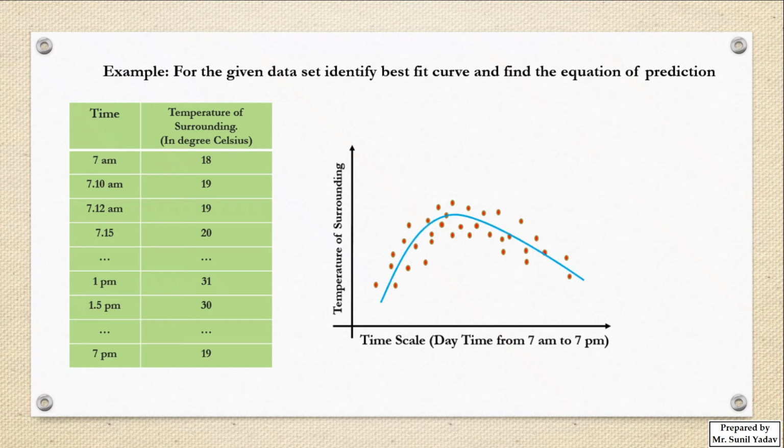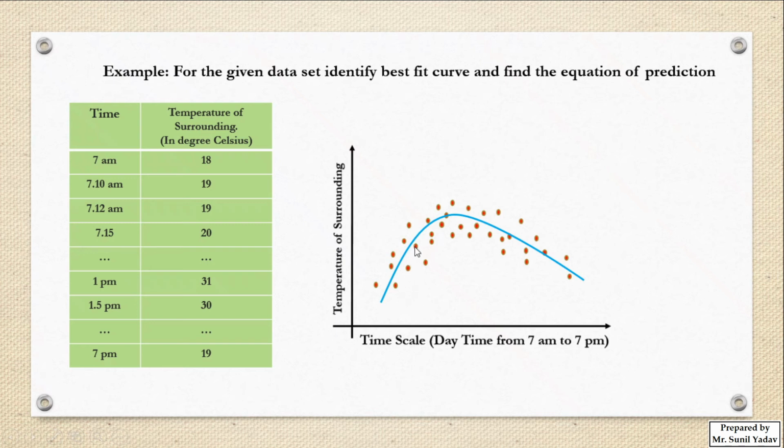If we take the example of this blue color curve, the nature of this blue curve and the nature of these data samples are the same. This curve says that at the starting time the value was low, but in the middle it was at the peak, and again at the end the value of this curve was low, right? So we can say the nature of this curve and the nature of these samples follow the same pattern. So this is the best suitable curve for that particular data sample.